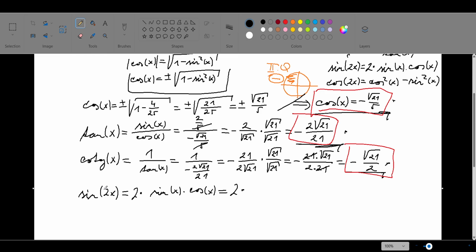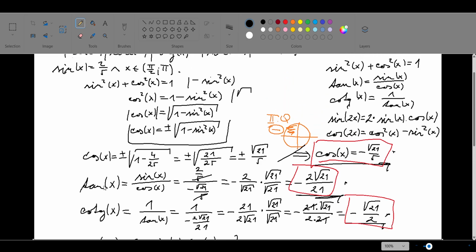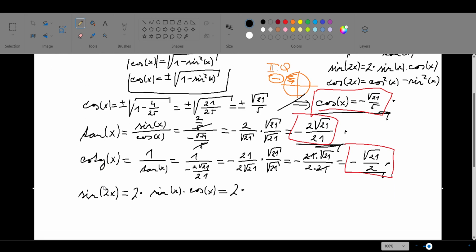You simply replace sine of x with 2 over 5 times the cosine, which is negative square root of 21 over 5, and this is going to produce the result negative 4 times square root of 21 over 25.